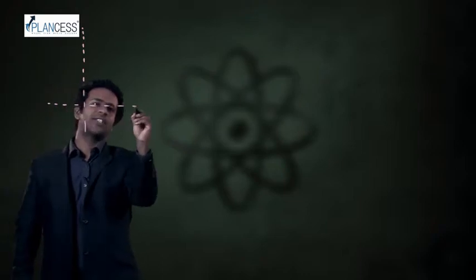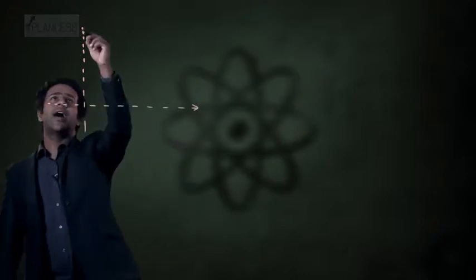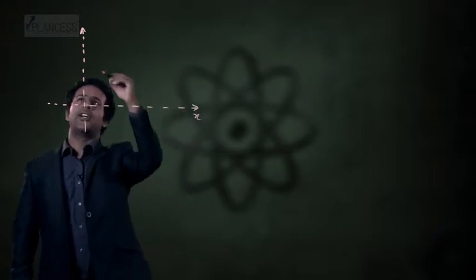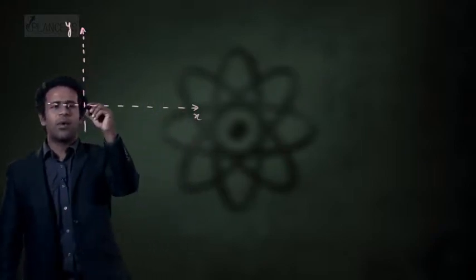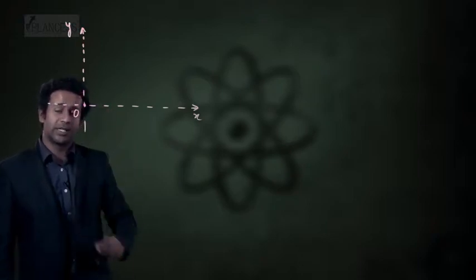Say it is given that a particle which is originally at origin, so I hope you know that there are two axes, x and y axis, which are perpendicular to each other, and their point of intersection is called origin.